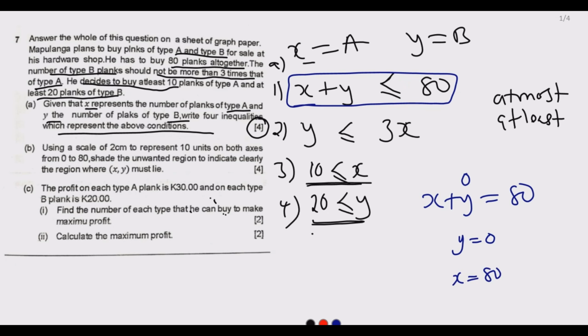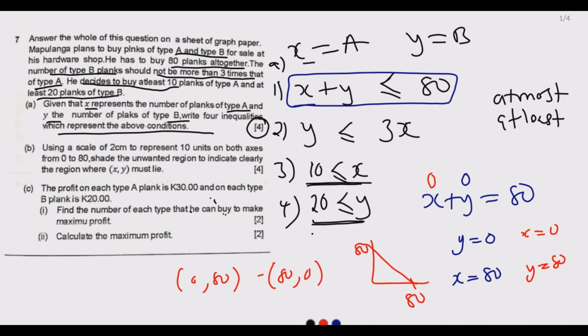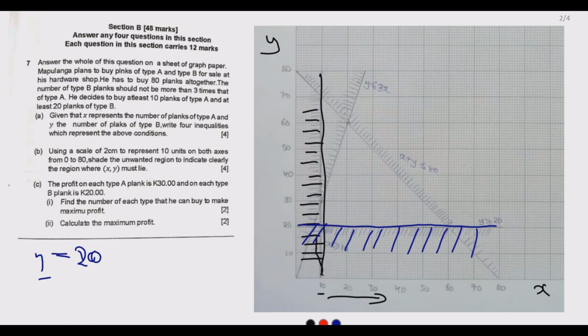Similarly, when x is equal to 0, it will be 0 plus y, which is y, is equal to 80. So hence we have a line passing through 0, 80 and 80, 0. So this line will be a straight line passing at 80 and 80, like this. And this is basically the line you are seeing here.